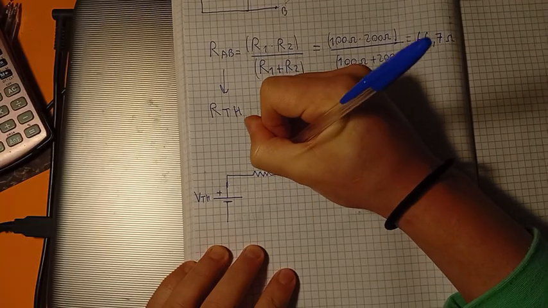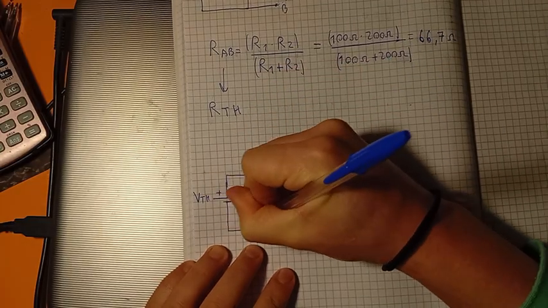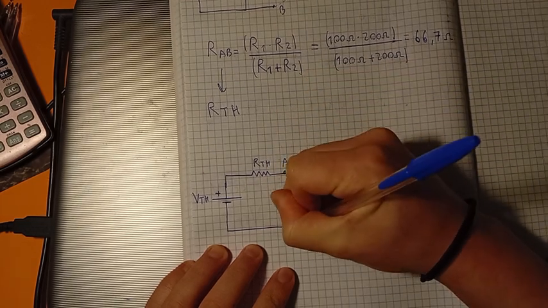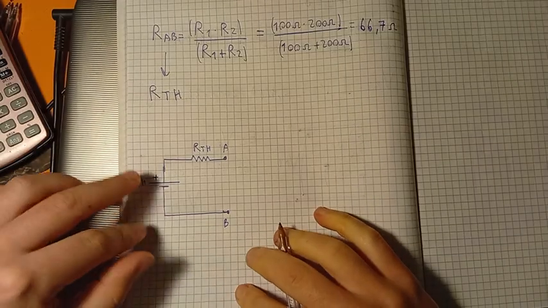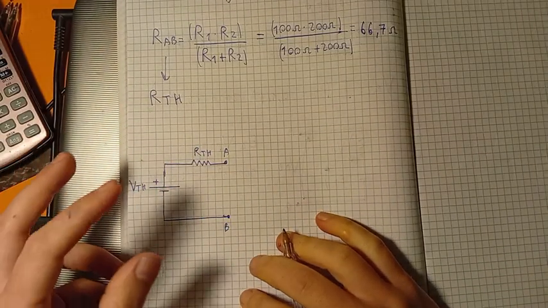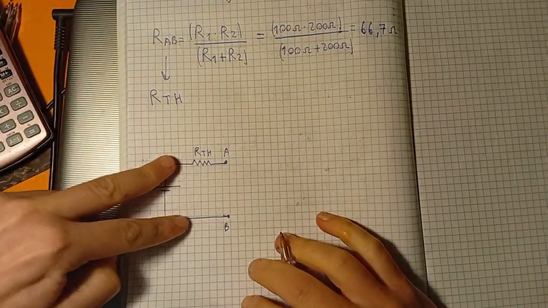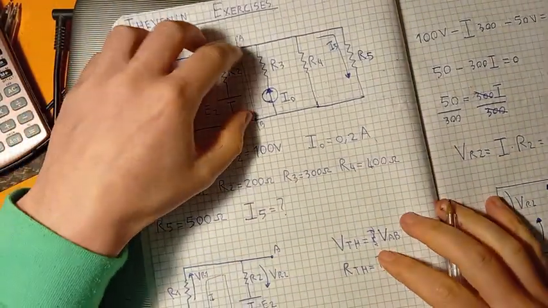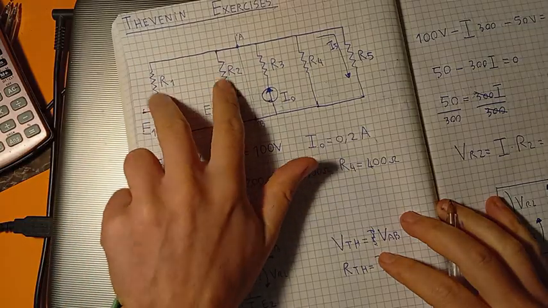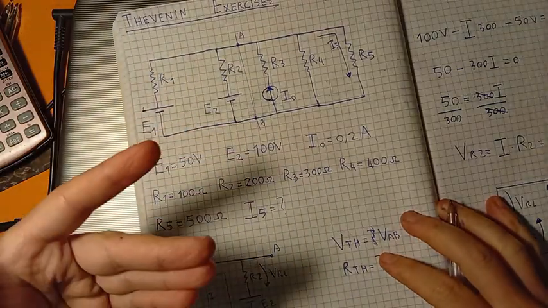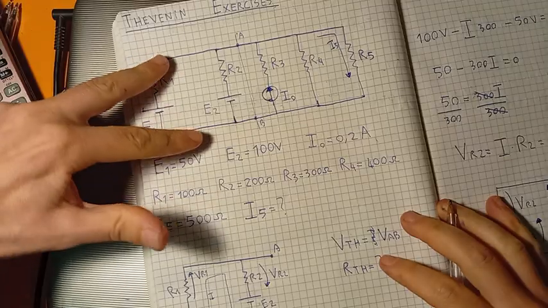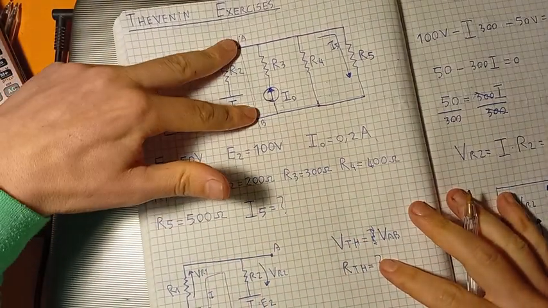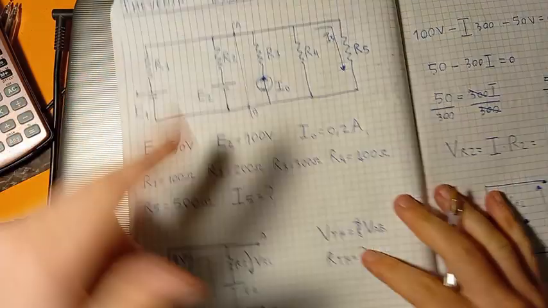Also we have our Thevenin resistance, and here we have the point A and the point B. Now that the circuit has been transformed, we'll just place it back where it was. We have cut off this part of the circuit, transformed it, and now we'll place it back here.